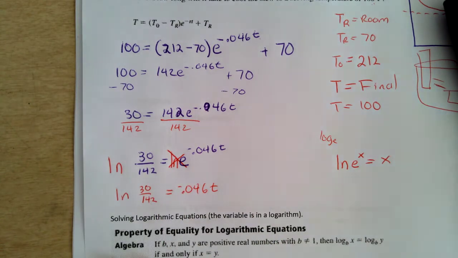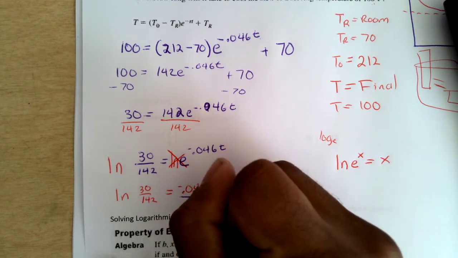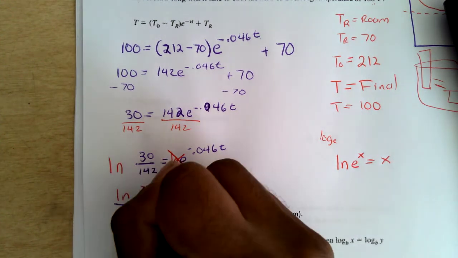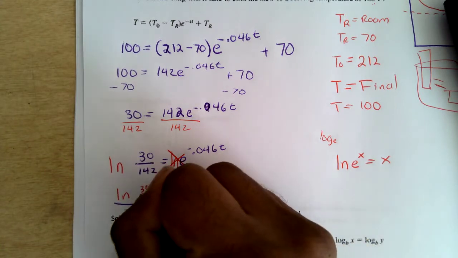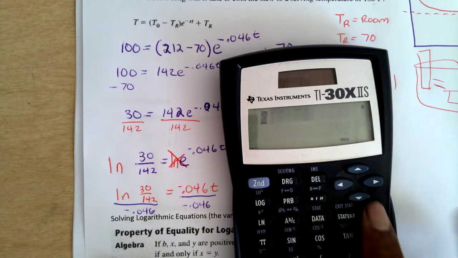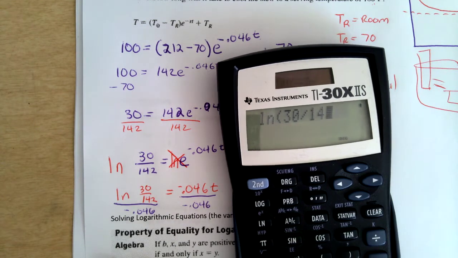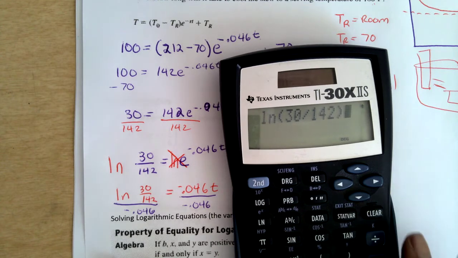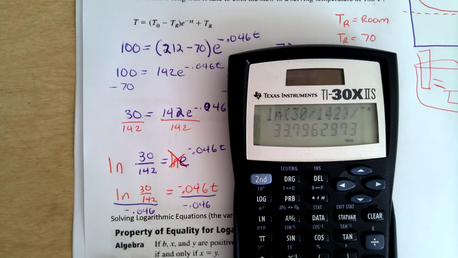I'm just going to keep that like that for now so that I can put my last part in the calculator all together, so I don't have a rounding issue. Ultimately, you're just going to use some parentheses to make sure that everything stays cool. So I'm going to close my parentheses there, divided by that negative 0.046.